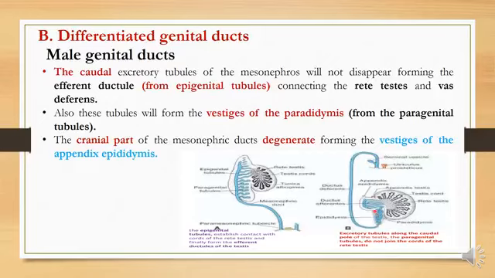The cranial part of the mesonephric duct degenerates, forming the vestigial appendix of the epididymis. Caudal excretory tubules form efferent ductuli, connecting the rete testis and vasa deferens.